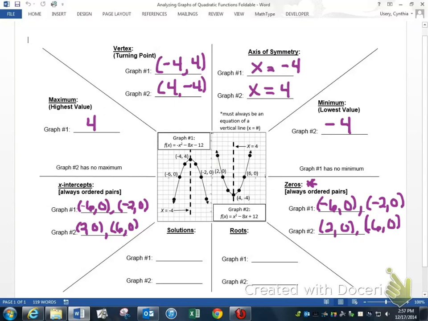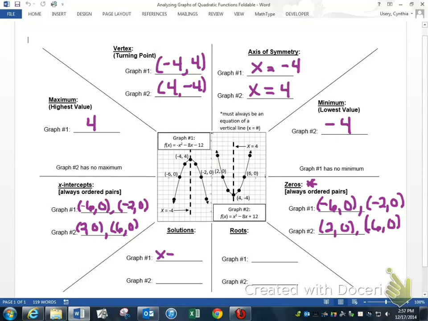All right, solutions are, what does x equal? Usually, when you're trying to solve a quadratic equation, you set it equal to 0. So you want to know, when y is 0, what is x? That's the same as the x-intercept or the zeros. The only thing is that with solutions, we're trying to find out what x equals.